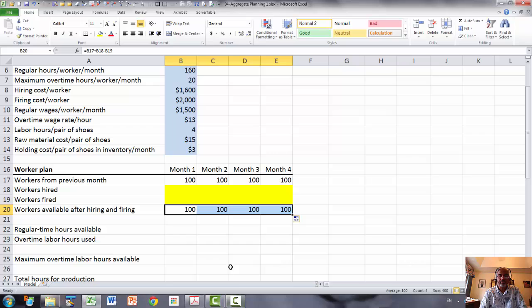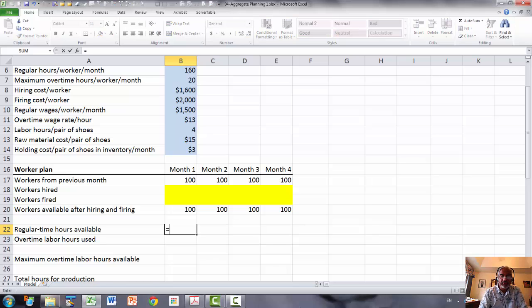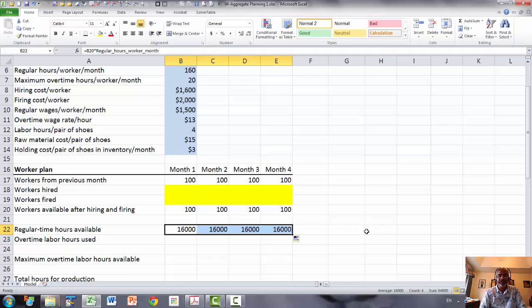Then we have the number of workers completed. Now from that we can figure out how many hours of regular time will be available. You take the number of workers in each month and multiply by the regular hours per worker per month. That will give us the total hours available in each month.